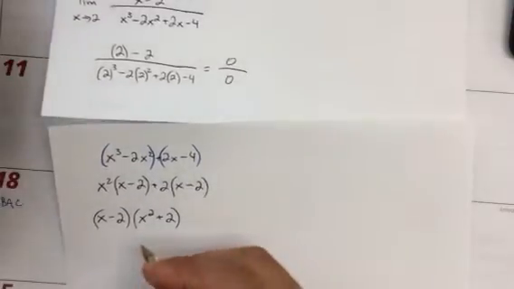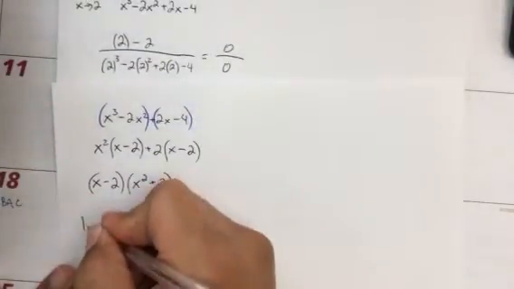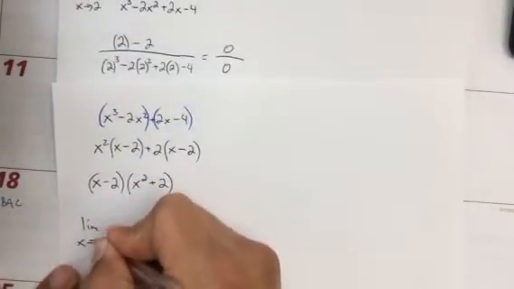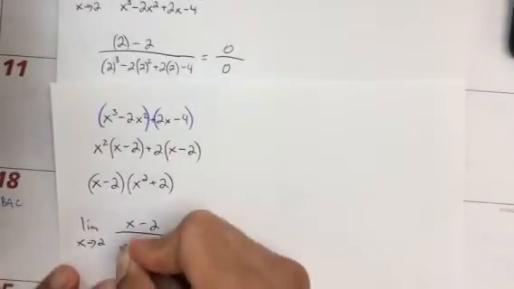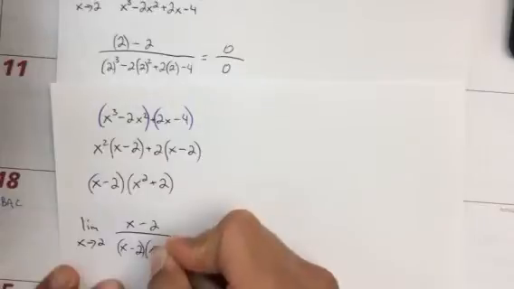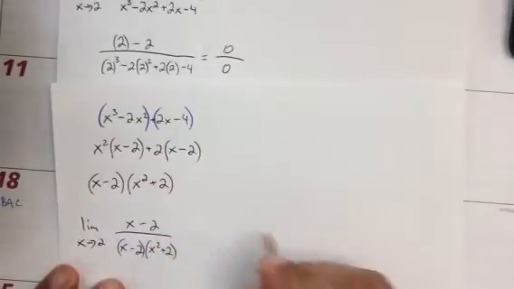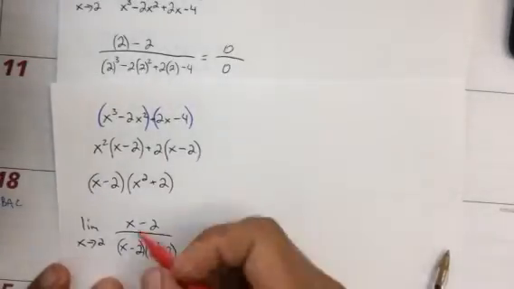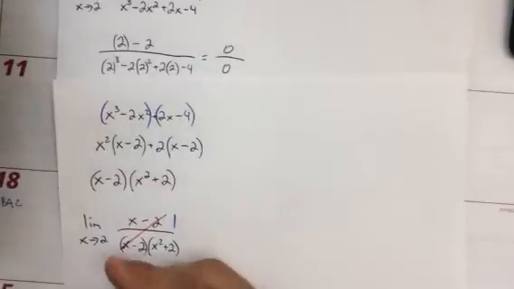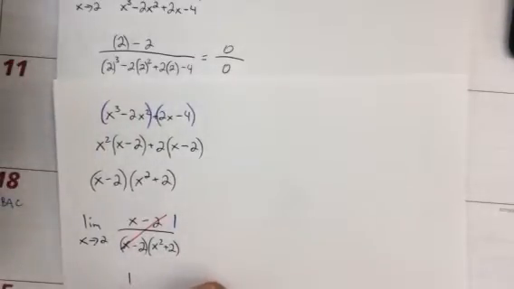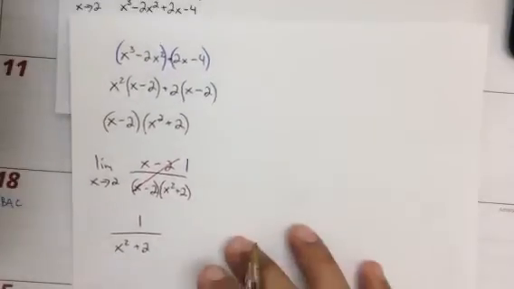Now that we have this in factored form, I can rewrite this as the limit of x approaching 2 of x minus 2 over x minus 2 times x squared plus 2. So now I see that I can divide out the x minus 2. I'm left over with 1. So now I can just do direct substitution for this expression here.